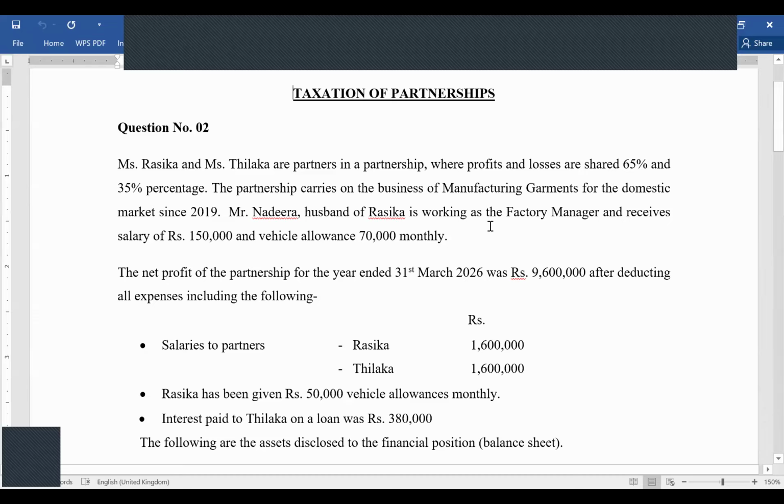The partnership carries on the business of manufacturing garments for the domestic market since 2019. Mr. Nadira, husband of Rasika, is working as a factory manager and receives a salary of 150,000 and vehicle allowance 70,000 monthly.